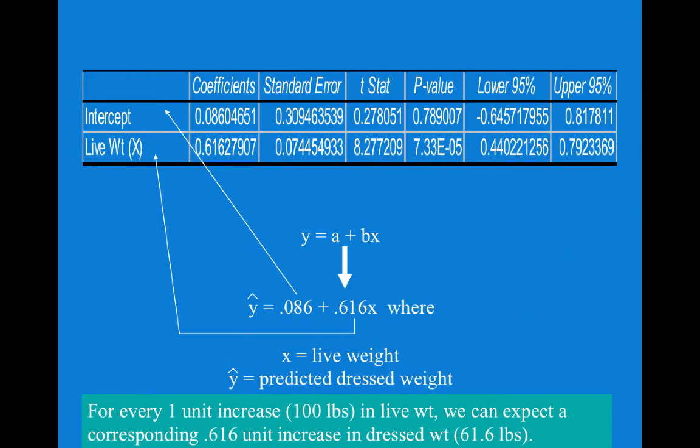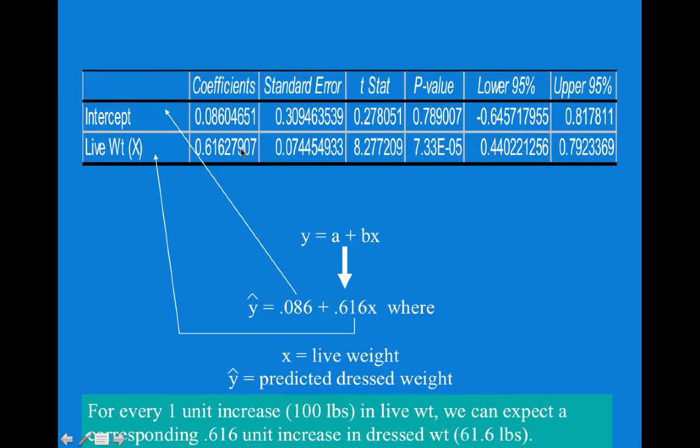All right, the second table that's going to be generated as part of the regression analysis is this coefficient table. So on the left-hand side, we've got our intercept variable, and then we've got our predictor variable, our live weight.